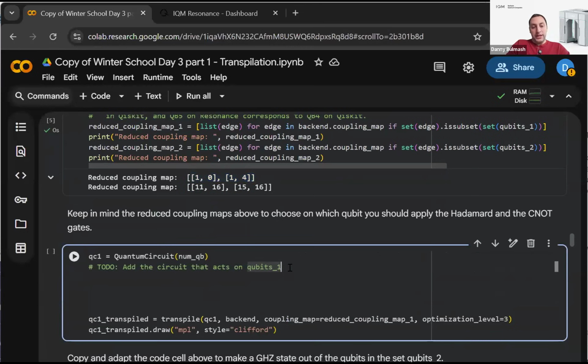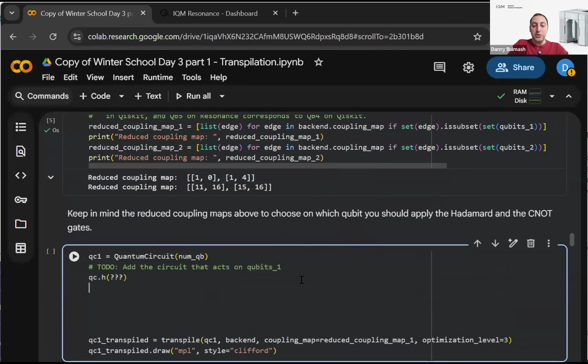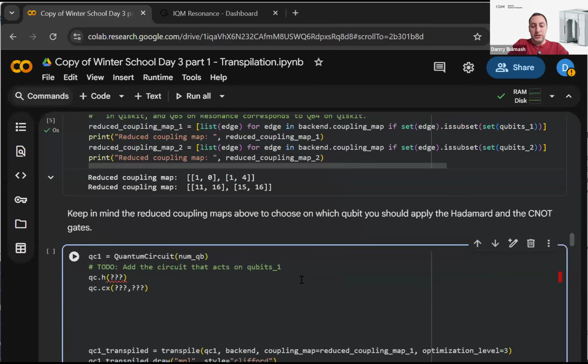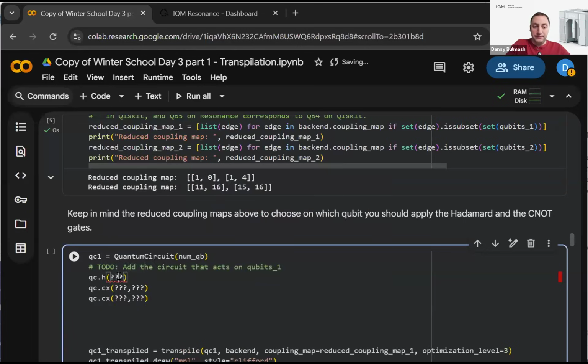What we need to do is a Hadamard gate on some qubit, and then a CX gate on the other qubits. But we want to choose those carefully. In particular, we want to choose our CX gates so that they're actually coupled on the machine. So let's go back to our map.